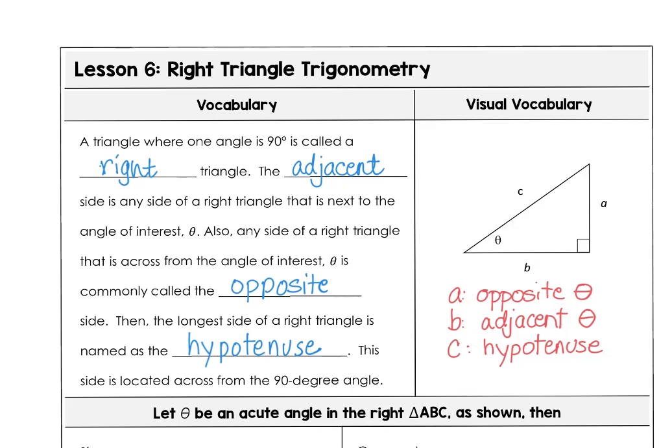And normally, if you have a side that's lowercase a, then the angle opposite that side is capital A. And the side lowercase b, the angle opposite that side is going to be capital B. And the angle at the right angle is going to be capital C. So as we get further into the trigonometry, you'll often see triangles like that.